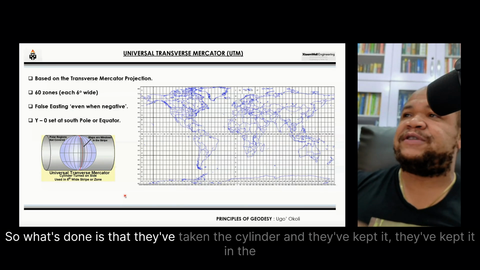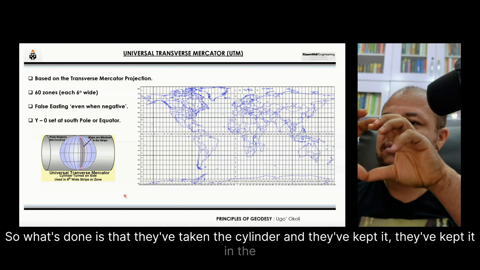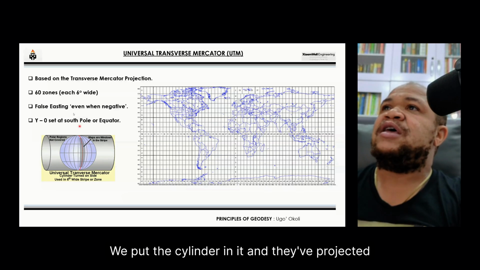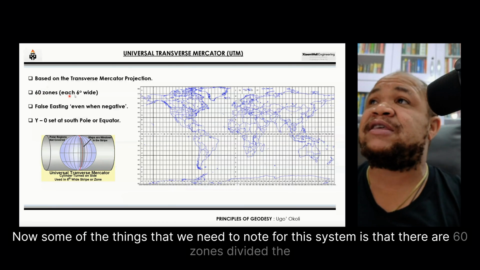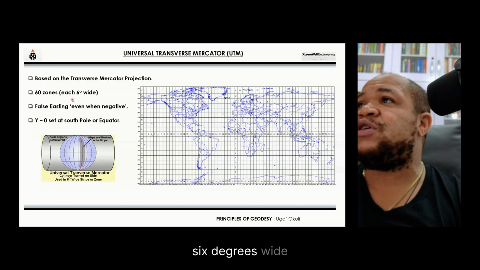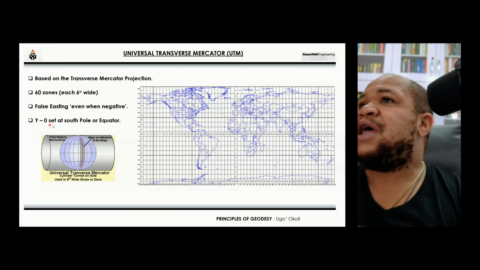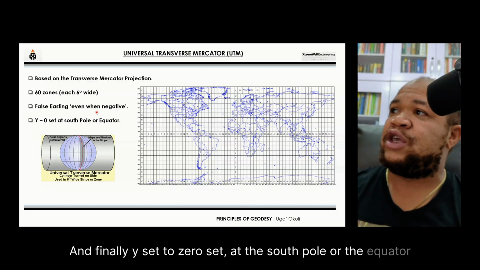They've taken the cylinder and kept it in the transverse way, put the cylinder in it, and they've projected. Some of the things we need to note for this system is that there are 60 zones divided at 6 degrees wide, and it has a false easting even when negative. And finally, y is set to zero at the south pole or the equator.